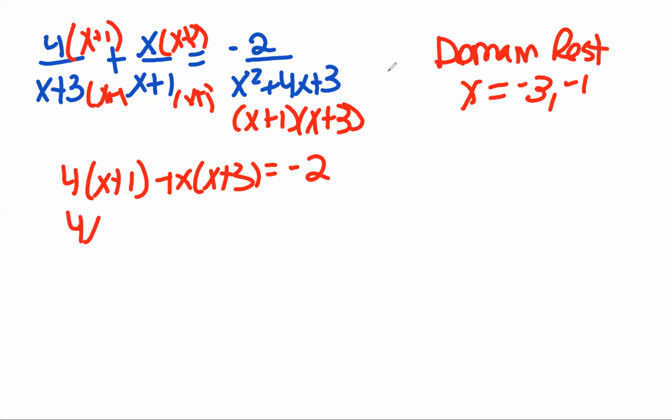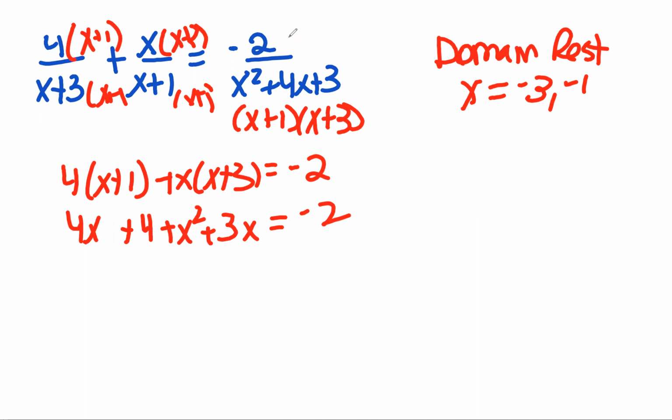So 4x plus 4, oops, sorry about that, that would not be an x squared. So 4x plus 4 plus x squared plus 3x is equal to negative 2.